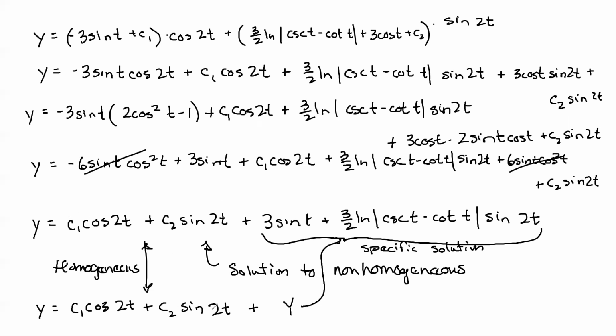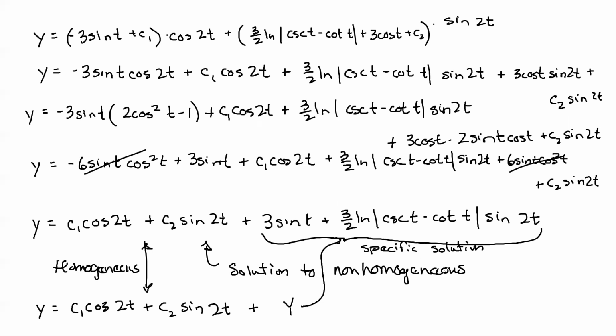By matching up the first part and saying, hey, this part is the solution to the homogeneous, that implies that what's left is going to be the specific solution. Okay, and so that's our variation of parameters technique.